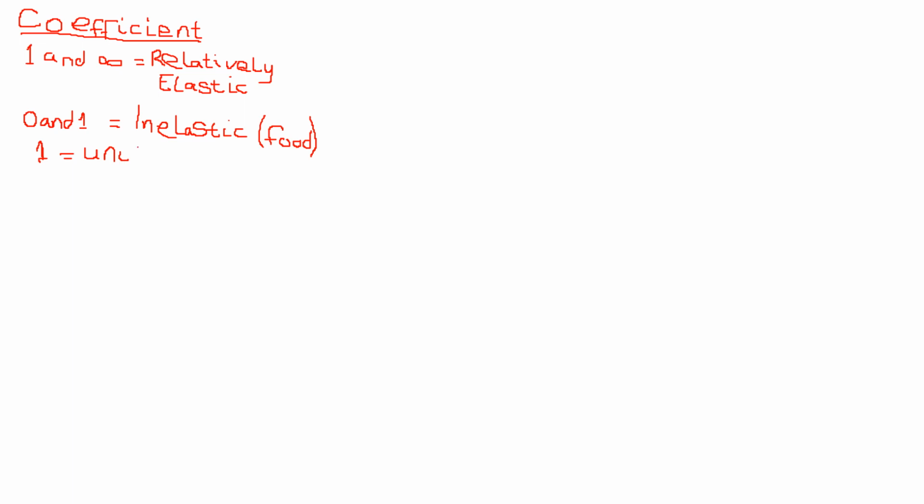Normally, what it means is a change in price results in an equal change in the quantity of goods and services demanded, and the products that give us such elasticity are called non-essential goods. They give us unitary elasticity.